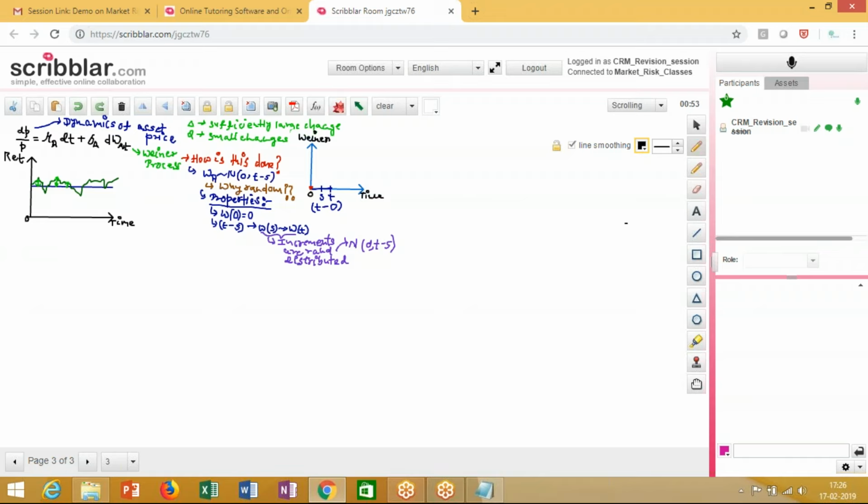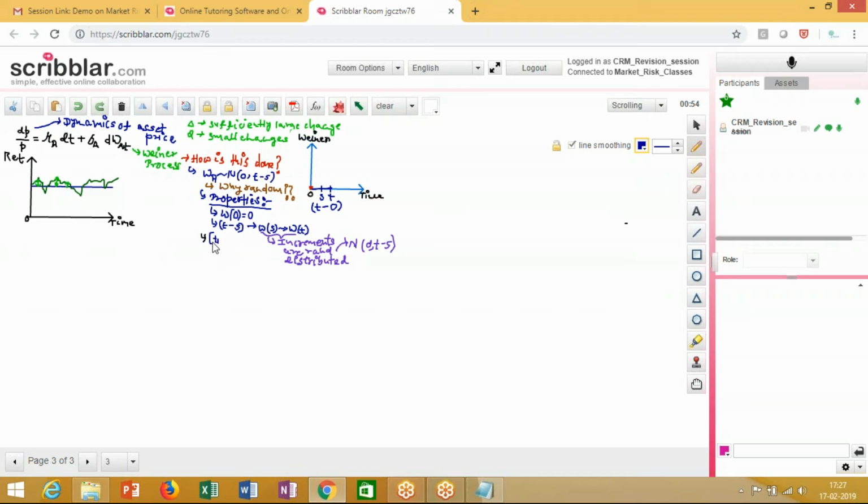Okay, so the next thing about this Wiener variable is that, say there are two disjoint time intervals, right? One is T1 and T2. Let's say this is a time interval, right?